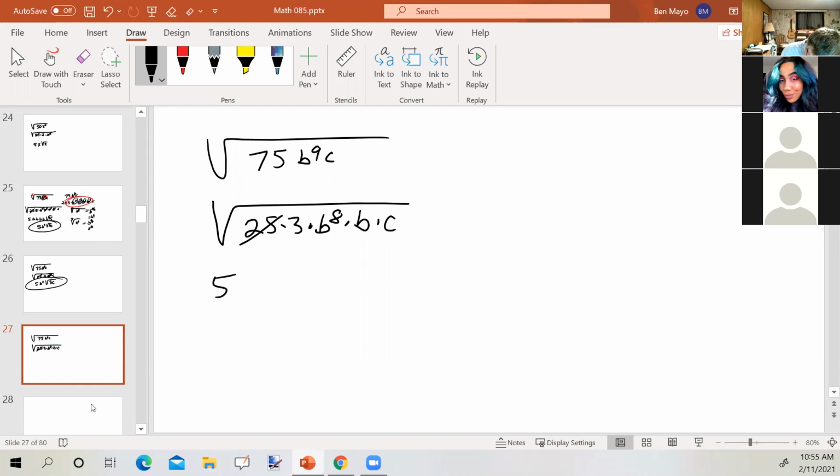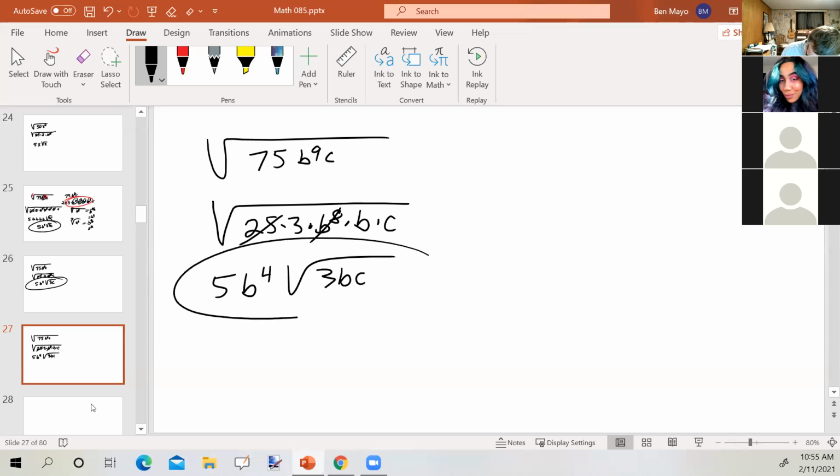So this is a 5, this is a b to the 4th, and I've got 3bc left inside. Okay? So I'm going to take out as many of the index as I can, and then leftovers. And the leftovers are stuck inside forever.